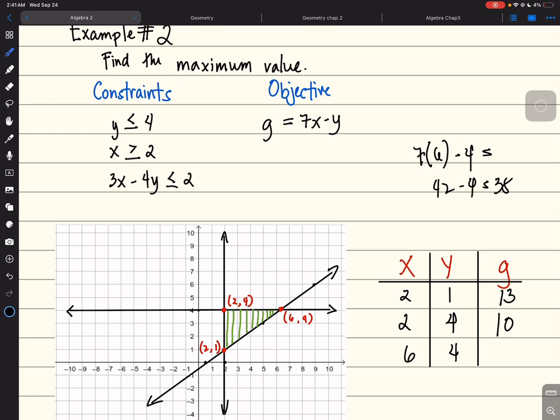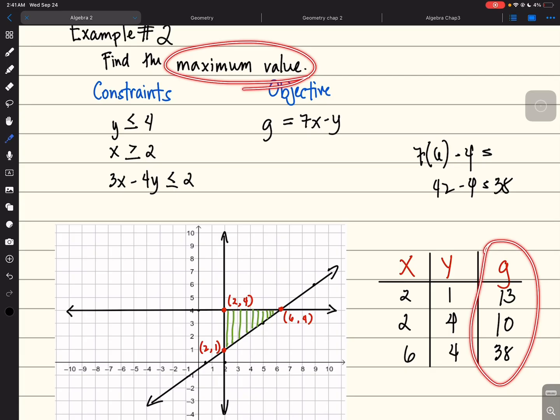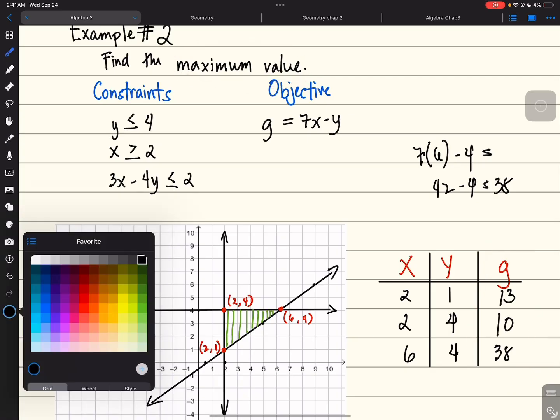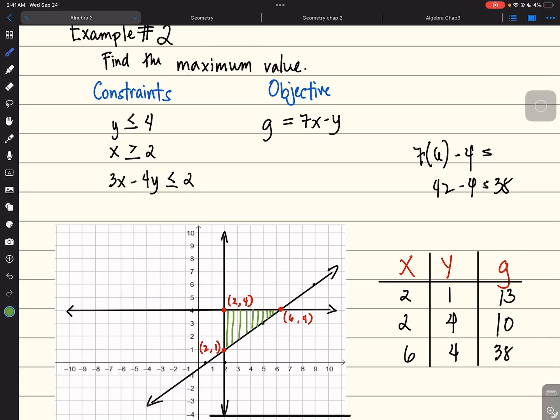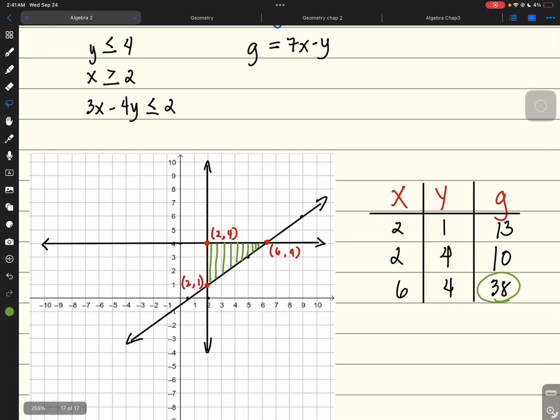So meaning the last g is 38. So if we're going to observe, we're looking for the maximum value. So the maximum value is 38. Okay? So once we find the maximum value, let's now write our final answer.